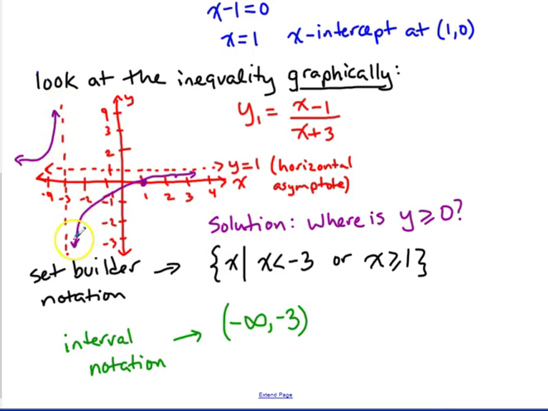Because that's on the asymptote. And then y is not greater than or equal to 0 up until the point where it gets to 1. And then it starts over. So union, and it's a square bracket, 1, and then it continues to be greater than 0 all the way towards infinity. Parenthesis. So either one of those forms.